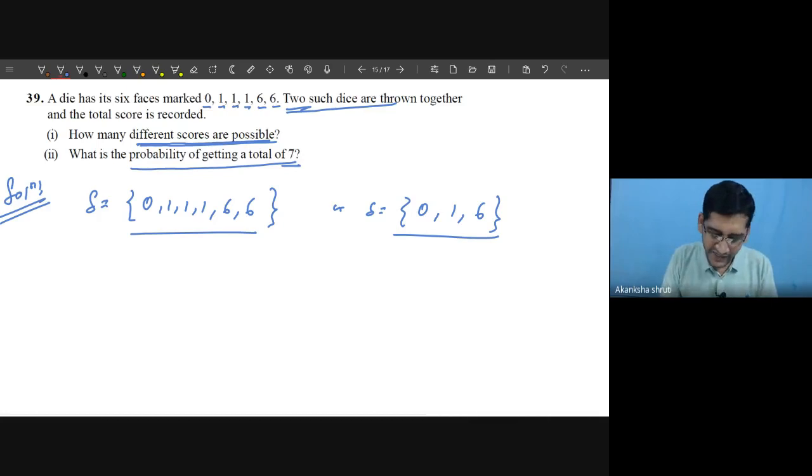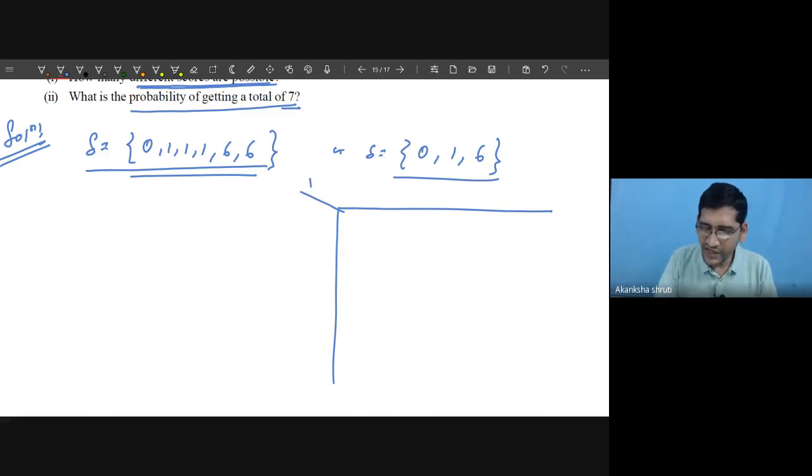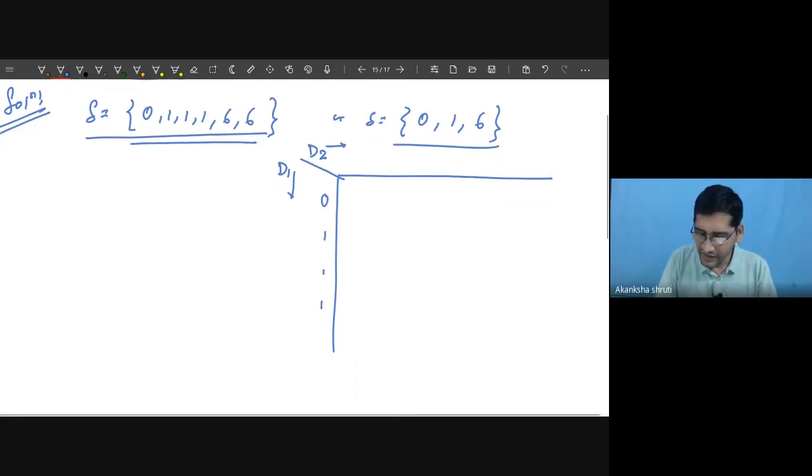Here it is given that the die with these numbers, 2 such dice are thrown. So first, to draw the sample space for these 2 dice, on die 2 I will write horizontally, on die 1 I will write vertically. So on die 1, I can have 0 or 1 or 1 or 1 or even 6 or 6.